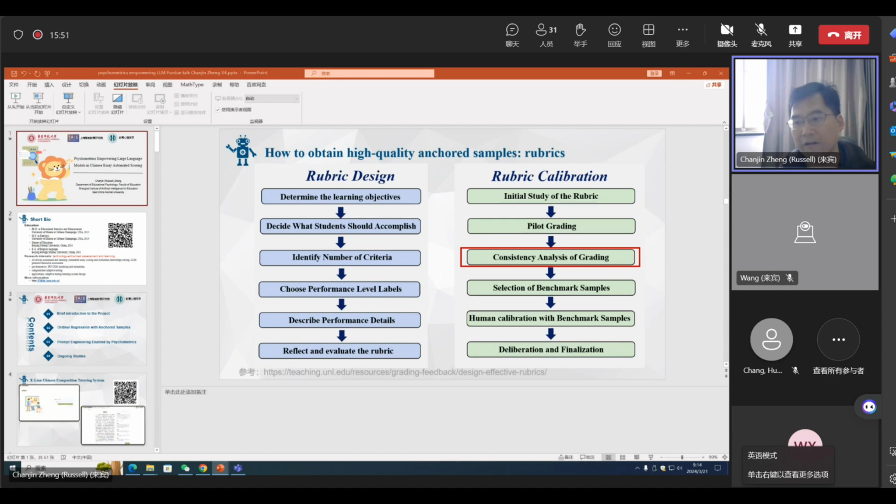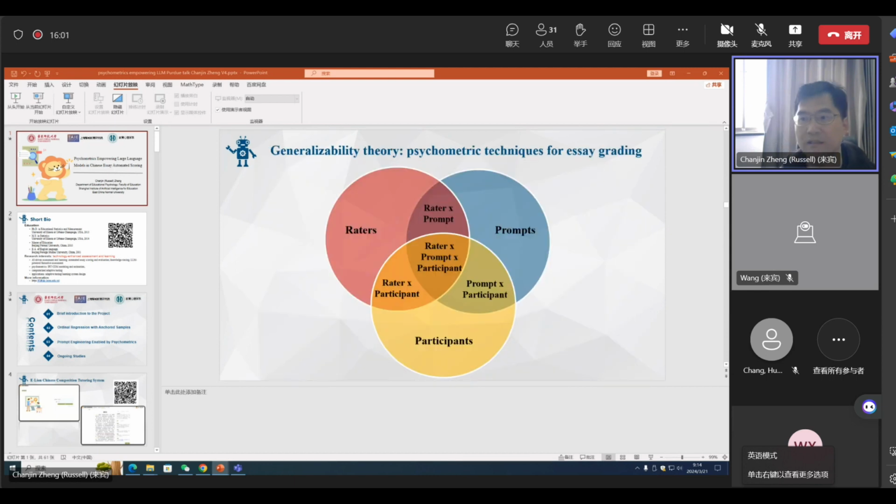If there are more sources of error, you have to do some kind of statistical control, which is also quite routine in psychometrics. We call it generalizability theory, right? We can decompose the sources of error in grading from different raters, prompts, and participants, here meaning students. So even in a high-stakes scenario, you have to control this. But in our project, it's learning oriented. It will go a long way.